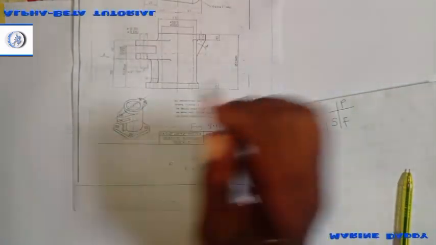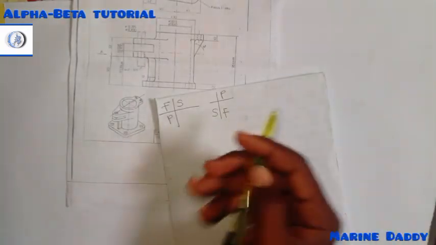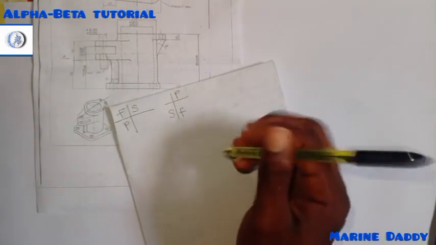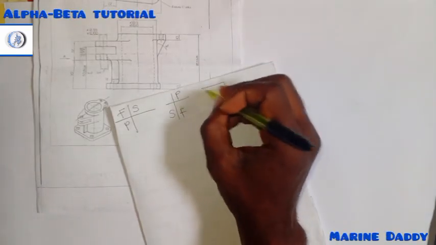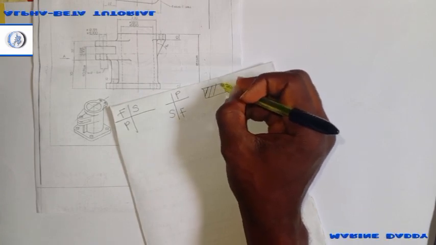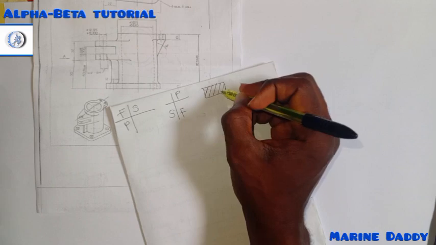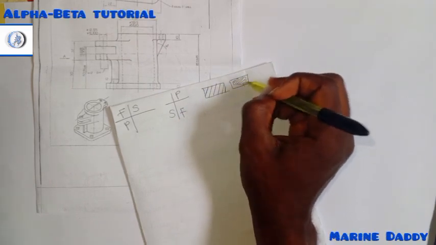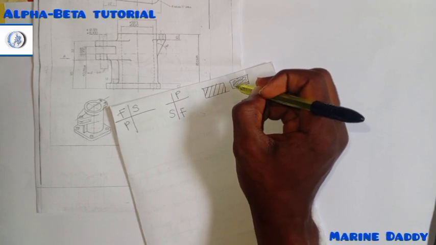I told you guys that in sectioning, whenever the cutting plane passes through a solid wall or a thick surface, we make use of a rough surface or a rough pattern, but we don't just scramble like this. You understand? That's wrong.